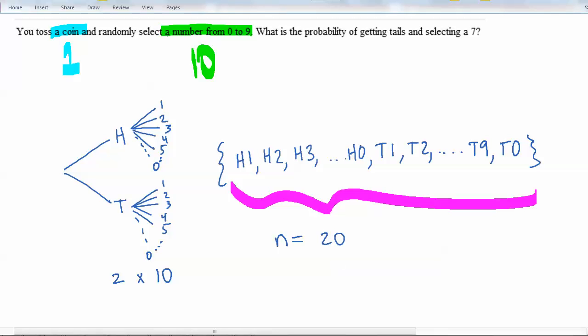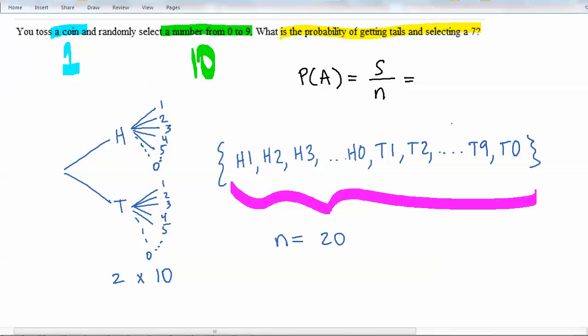Okay, and then our specific question is the probability of getting what we want, tails, and selecting a 7. Okay, so we calculate our probability. I'll call our event A also, by the number of ways that we can have our event occur divided by the total number of possible outcomes. The number of ways for our event to occur is 1.